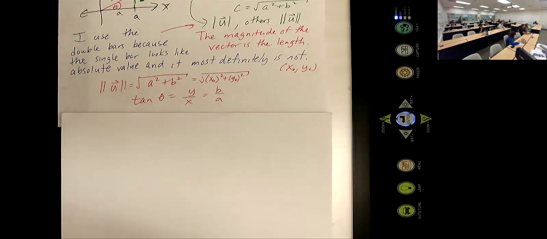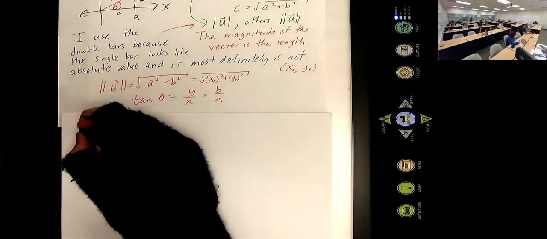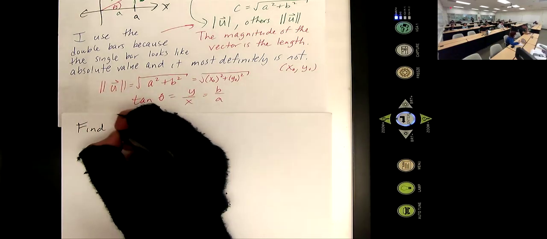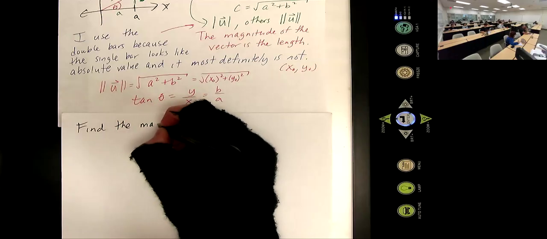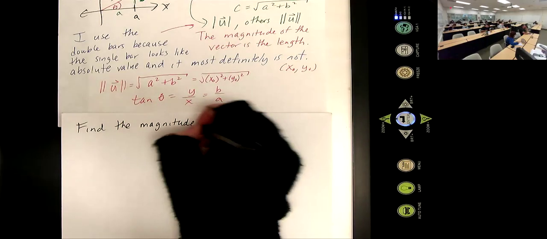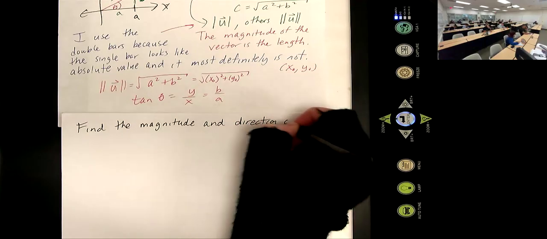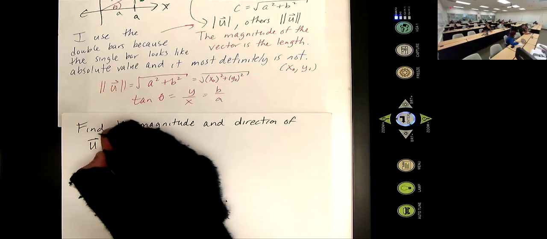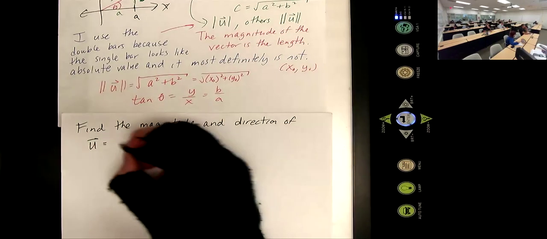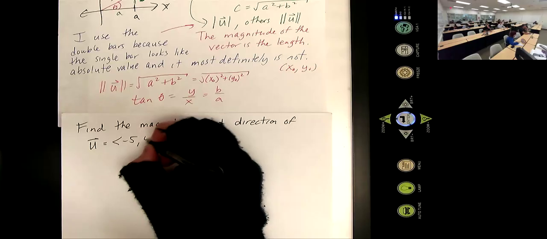Alright. Let me give you guys one to try. Find the magnitude and direction. U equals negative 5, 4.